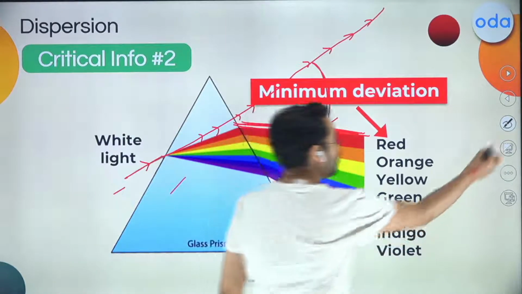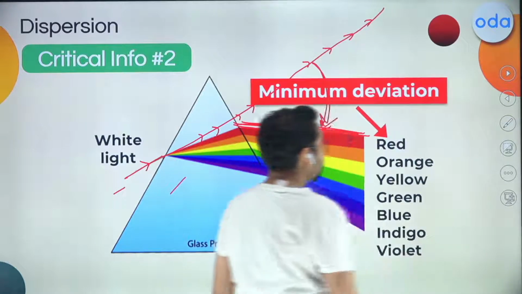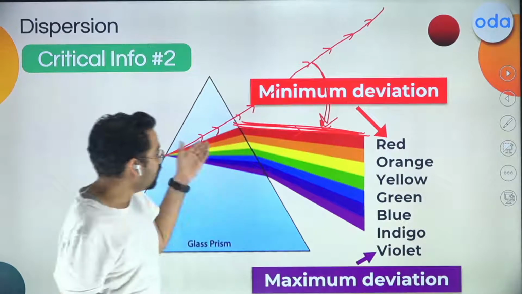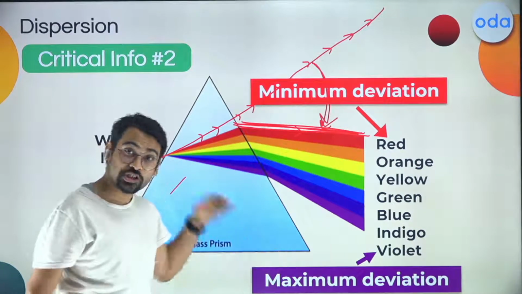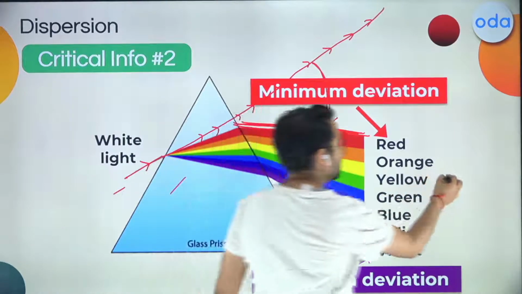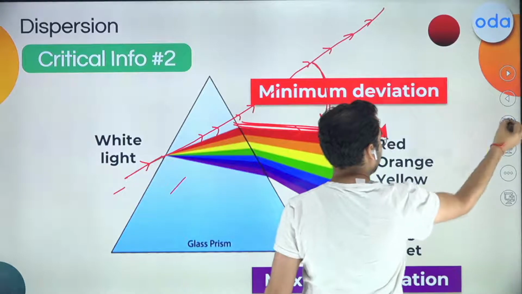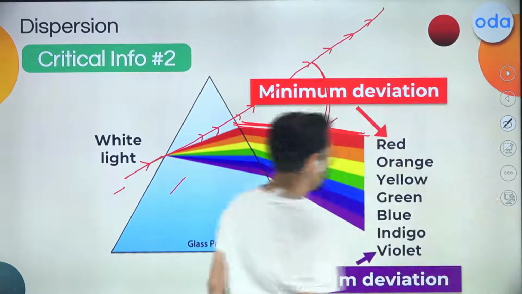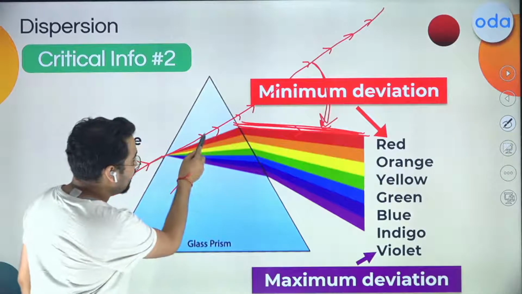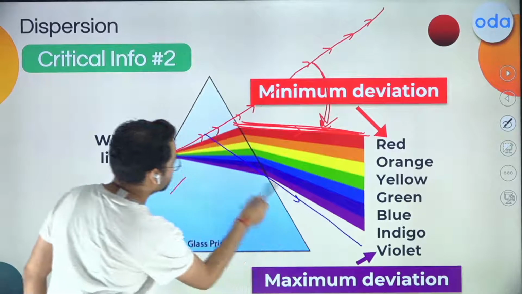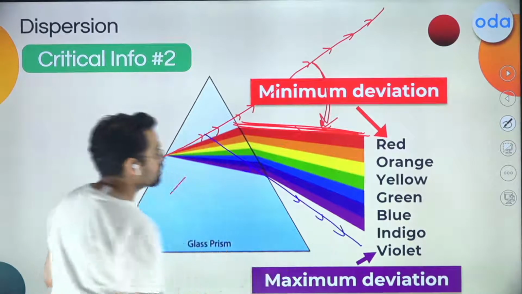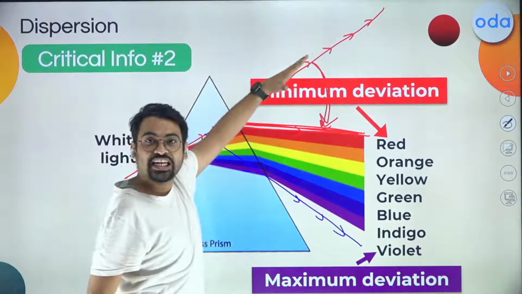Now, what about the violet one? So the violet one went like this. There was even more deviation. Let me just mark it out for you so that you will say that yes, this is something that is obviously true. The violet light went almost like this. So this was the initial ray.